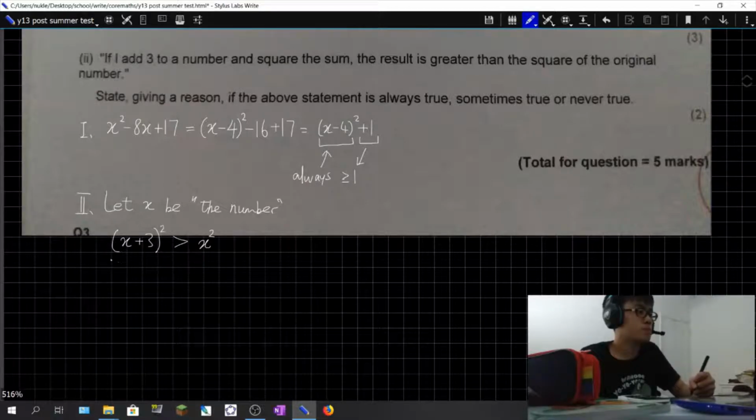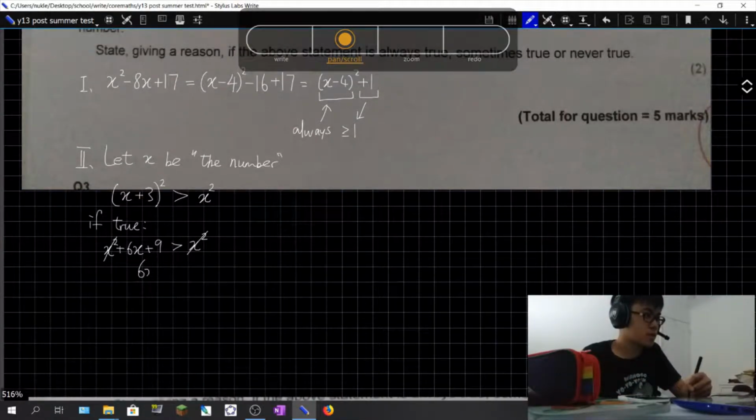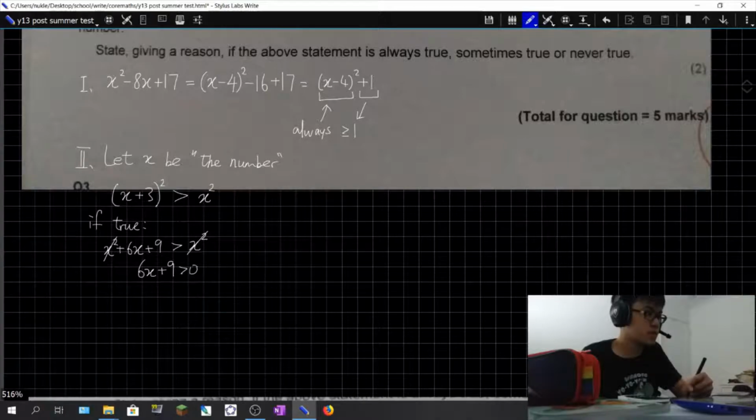Okay, so if true, x plus 3 squared, you can expand out the bracket and get x squared plus 6x plus 9, and you're saying that that's going to be bigger than x squared, so the x squareds cancel out, so you're going to be left with 6x plus 9 is bigger than 0.